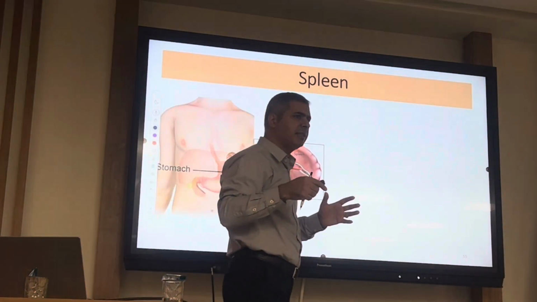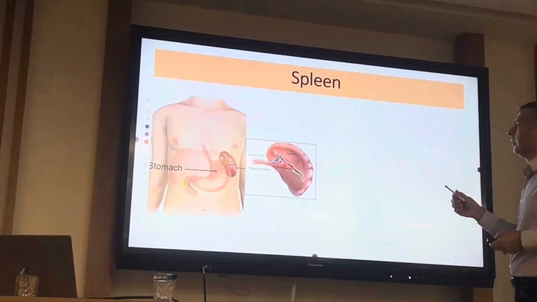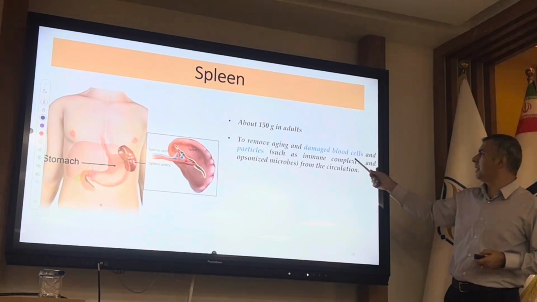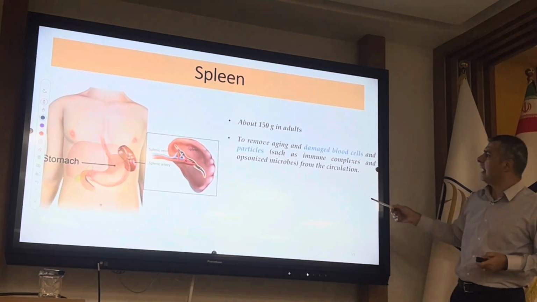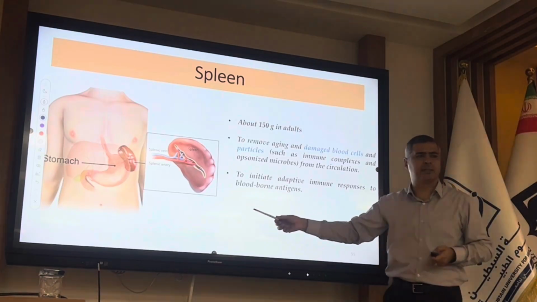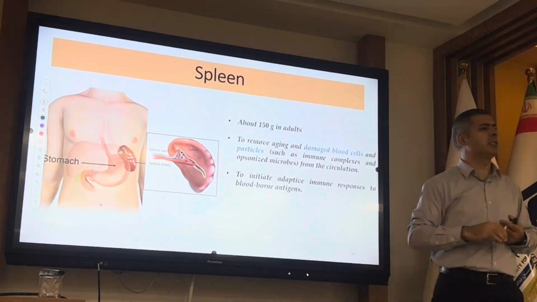Spleen. The spleen is very similar, indeed a big lymph node. But it's the main site for damaged blood cells and blood-borne antigens. What does that mean?